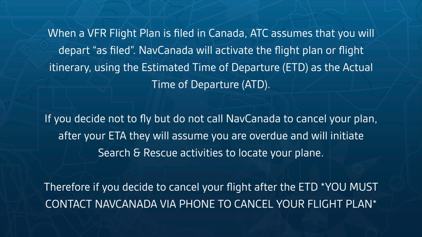So what that means is if you decide not to fly, but you do not call Nav Canada to cancel your flight plan, after your ETA they will assume that you are overdue and will initiate search and rescue activities to locate your airplane. Something that we don't really want to do, right? So if you do decide to cancel your flight after your estimated time of departure, you must contact Nav Canada via the phone to cancel your flight plan. You cannot cancel it in ForeFlight.